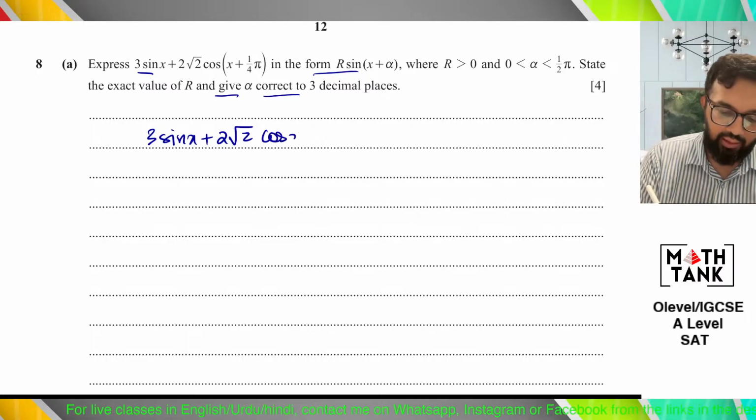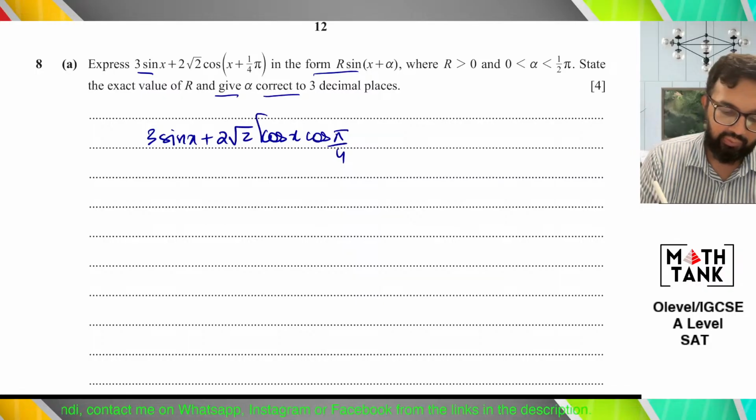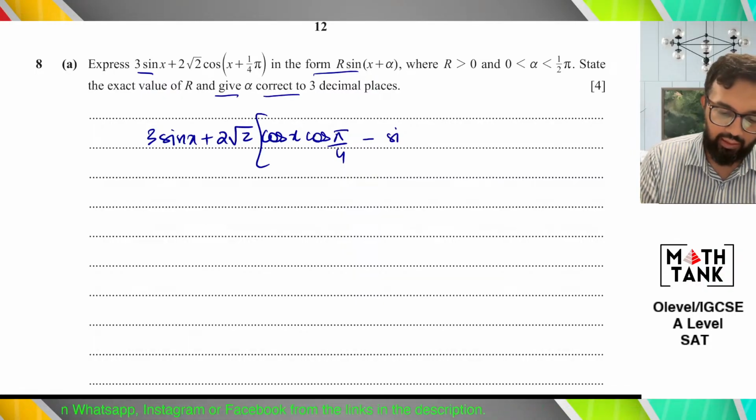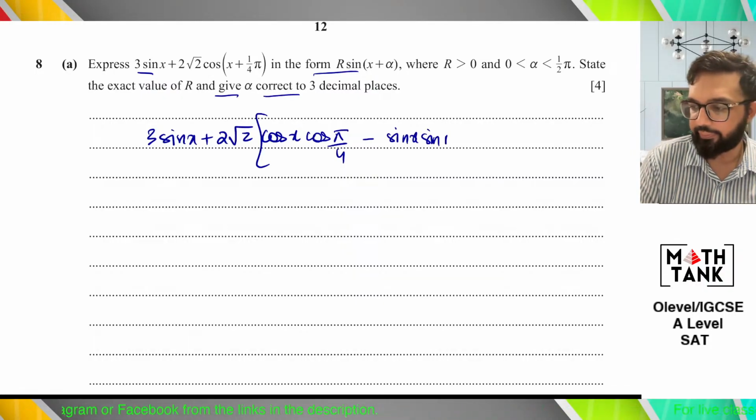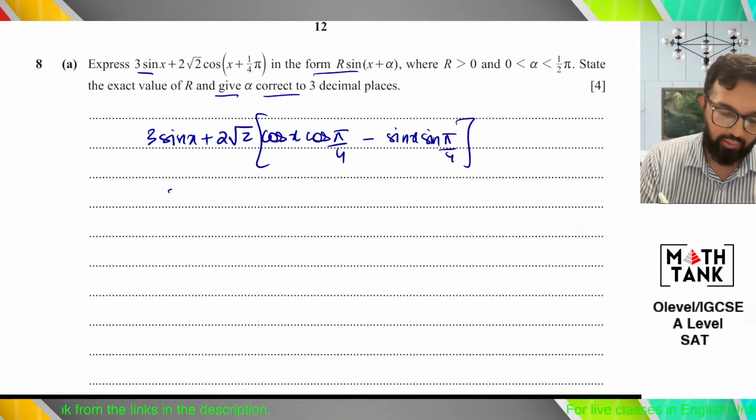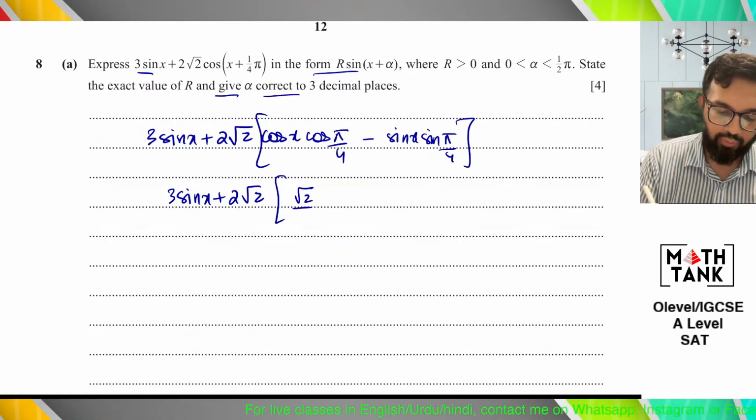Cos की आइडेंटिटी लगेगी कंपाउंड एंगल वाली cos x cos pi over 4 minus sin x sin pi over 4. Cos pi over 4 is root 2 over 2, so root 2 over 2 cos x, root 2 over 2 sin x.